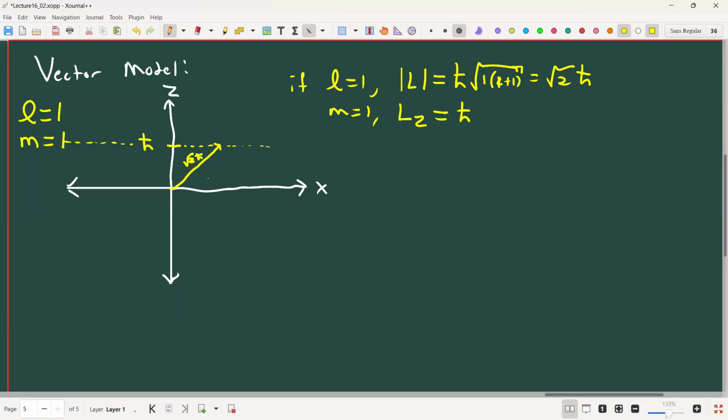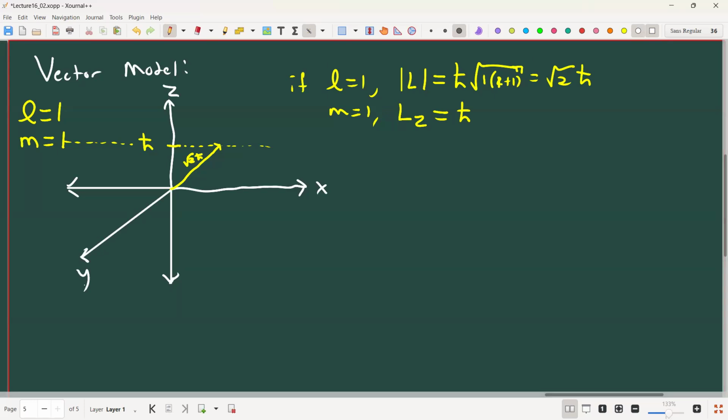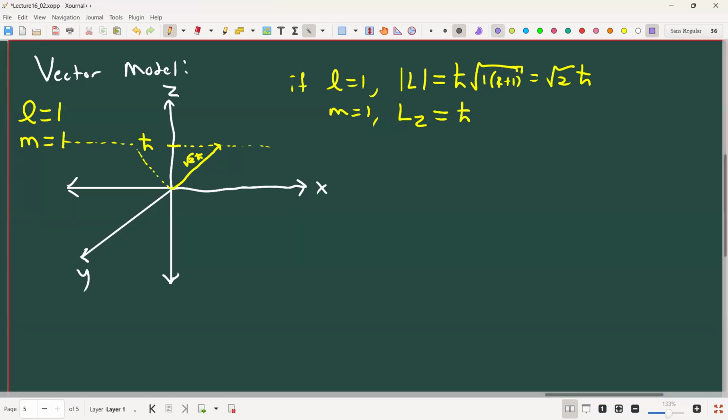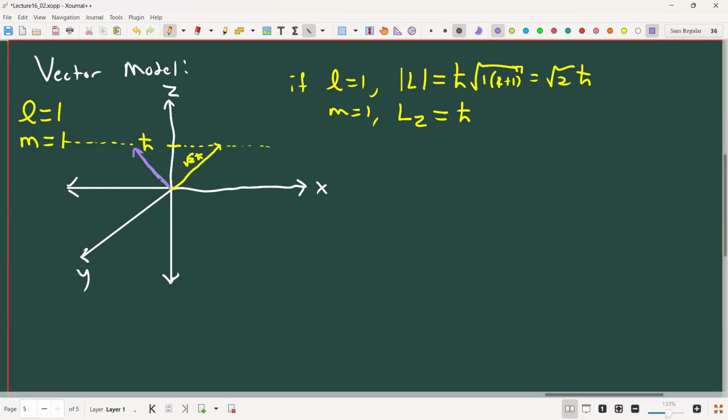Right, and remember what I said is that the information along the x and the y axis is completely undetermined. So what I could actually draw, and maybe it's easier to add a 3rd dimension here, is that there's an entire cone of vectors that are perfectly legitimate. Let me do it in a different color. I could also draw a vector in this direction that's perfectly allowed as well.